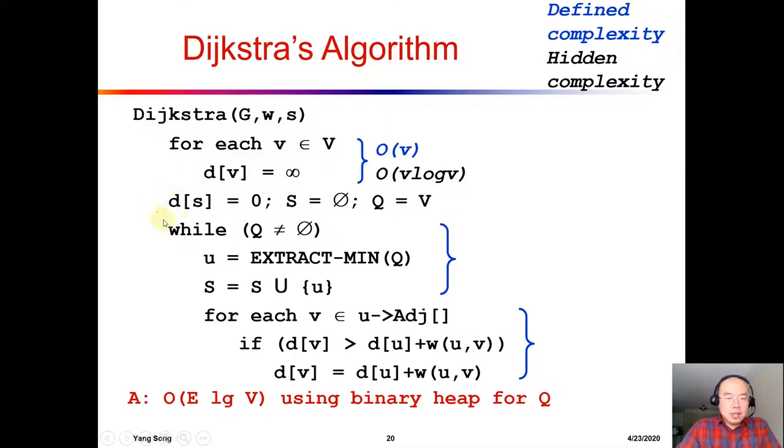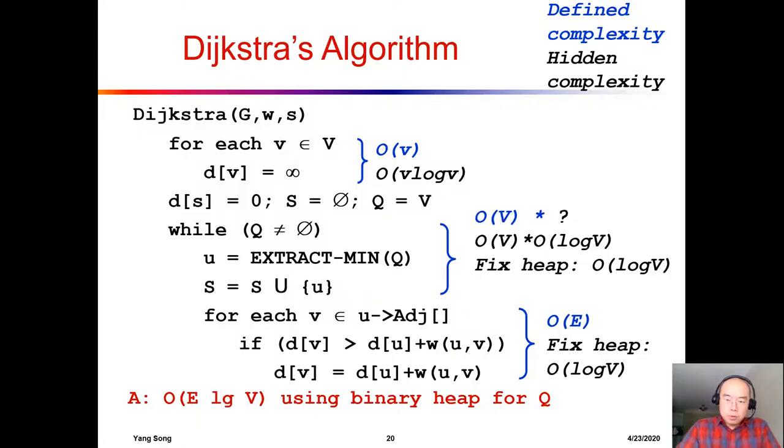So the next part, those are the definitions. They can all be done in constant time. And how about this part? As long as the queue is not empty, we extract the minimum from the queue, and then we add that to the S. For this while loop, we know it will iterate for a total of V runs.